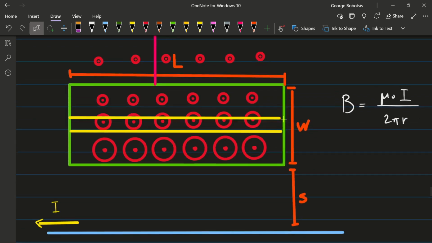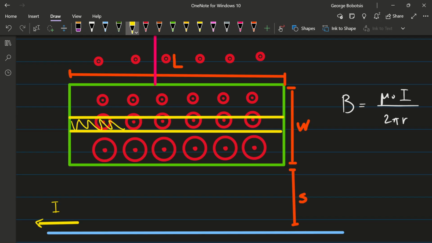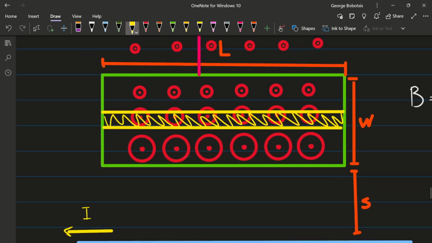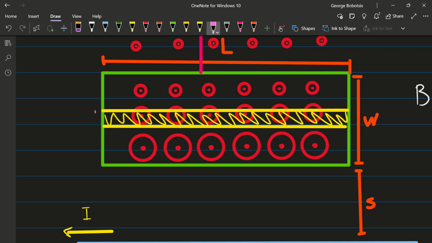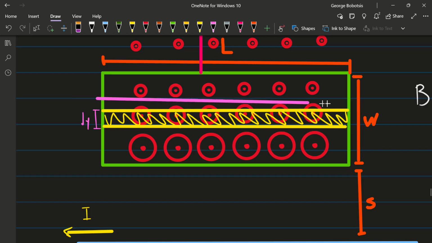In the meanwhile, if it was a piece of chalk, it would have smeared this area over here. So this area would have a little bit of width that I would call dy, and a length which would literally be the length of the loop, L.